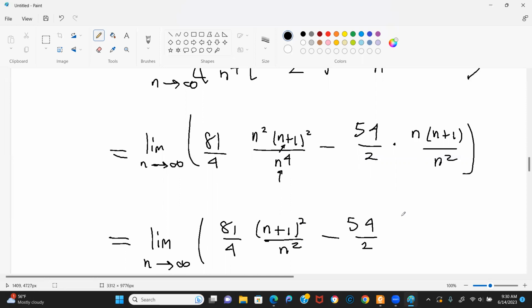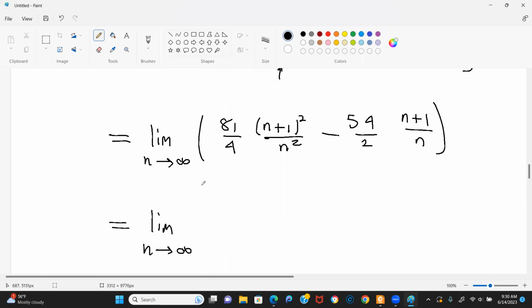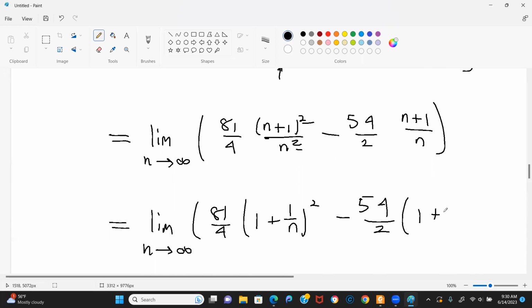Now I have this n, so I cancel the factor of n, and I'll just have n plus 1 over n. Limit as n goes to infinity. And now I can take the square of the whole thing, and then I divide the n into the n, so I get 1 plus 1 over n squared, minus 54 over 2 times 1 plus 1 over n.